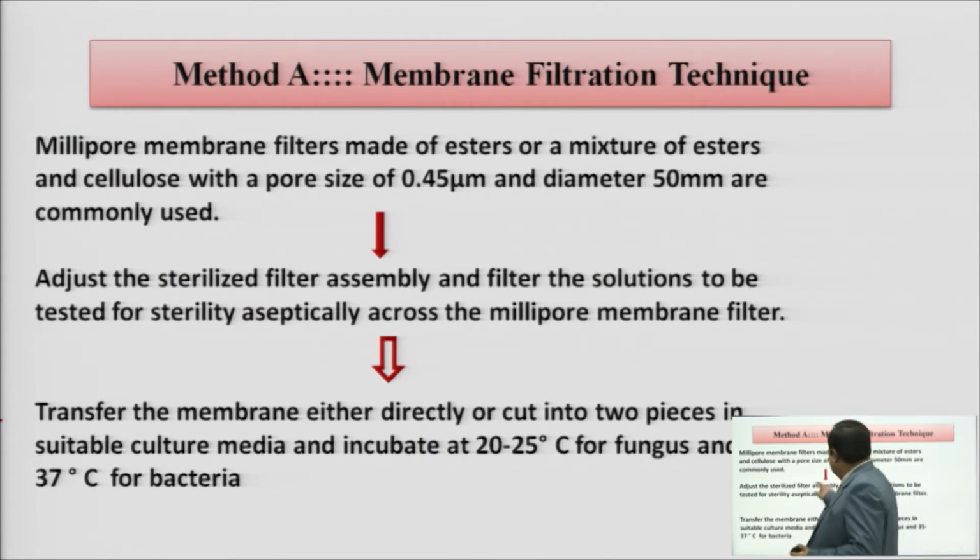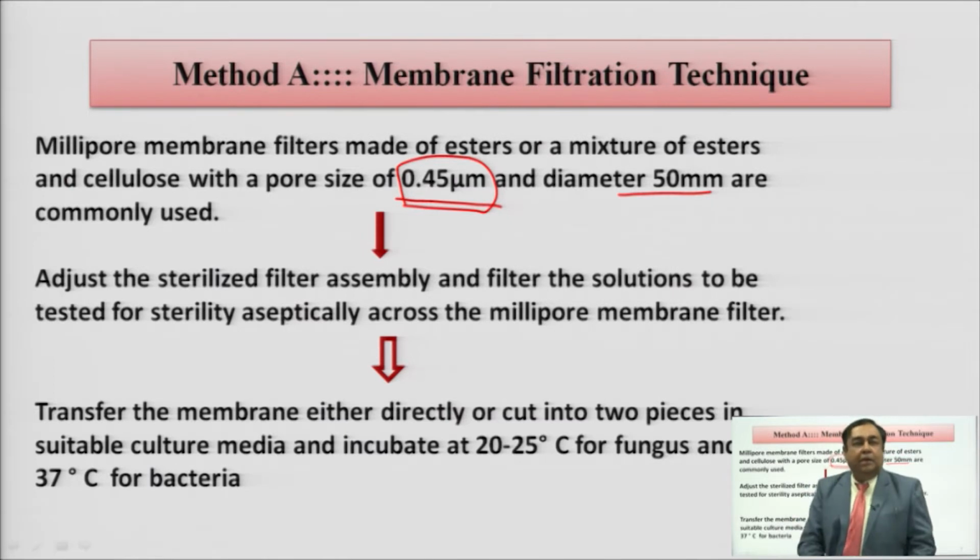These two are very important, particularly the pore size. The pore size needs to be restricted to 0.45 micrometer, and the diameter of the filter paper should be 50 millimeter.